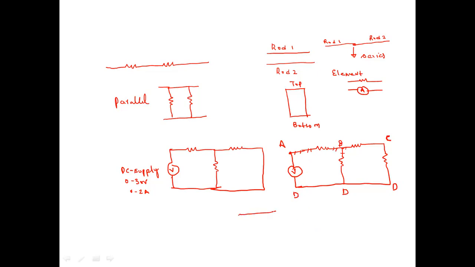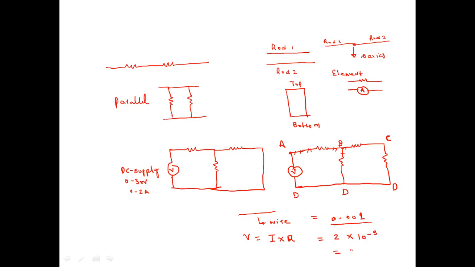Why is it so? I will tell you. The resistance of a wire is usually very low. If you measure with the multimeter also, it will come around 0.001. The potential drop according to Ohm's law is I into R. Suppose you have 2 ampere of current and the resistance of this wire is very low, approximately 10 power minus 3.